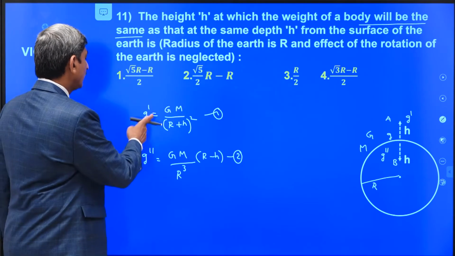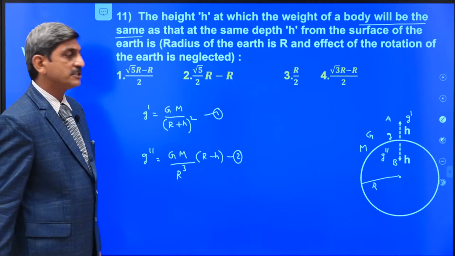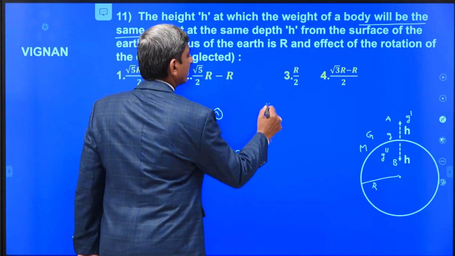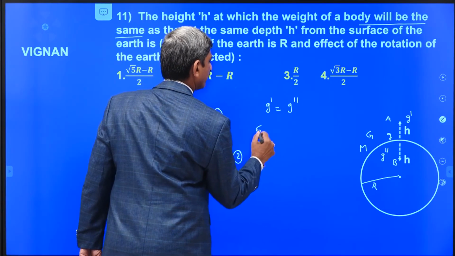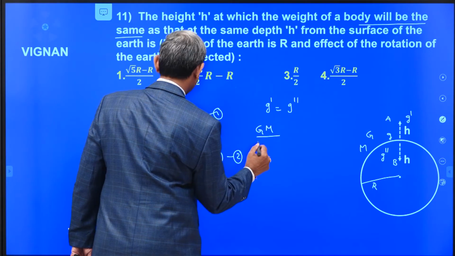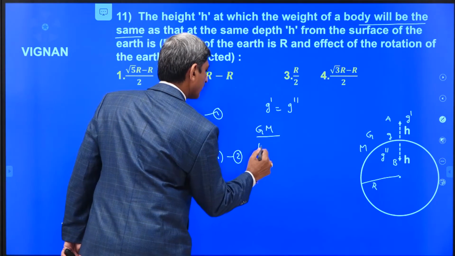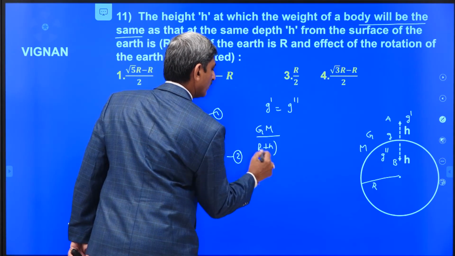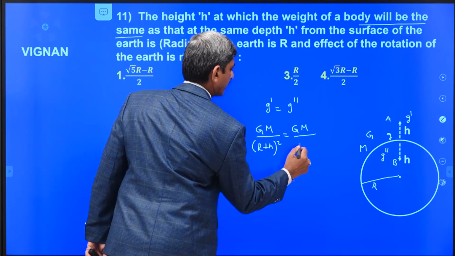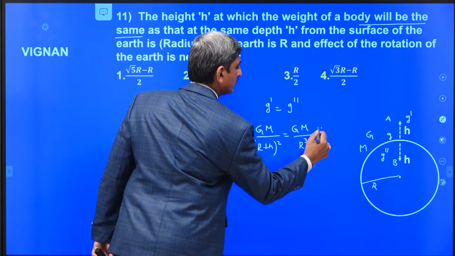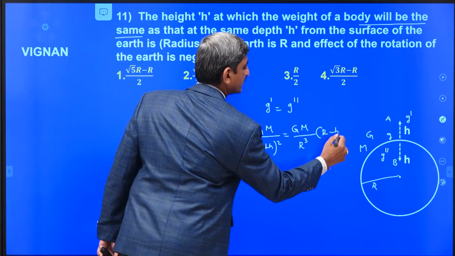That's why we have to equate this g dash value and g double dash value. By equating them, we have GM by (r plus h) whole square is equal to GM by r cube into (r minus h).